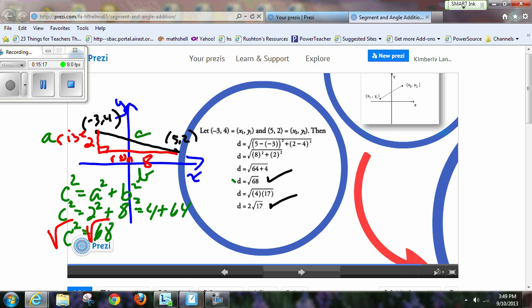When we take the square root of that, that brings us back to saying C equals the square root of 68, or the square root of 4 times the square root of 17. Square root of 4 is perfect, so I can call it 2 square roots of 17. So I've shown you two ways to find the length of a segment. One, applying directly the distance formula, and secondly, creating a right triangle and using C squared equals A squared plus B squared. Next slide.